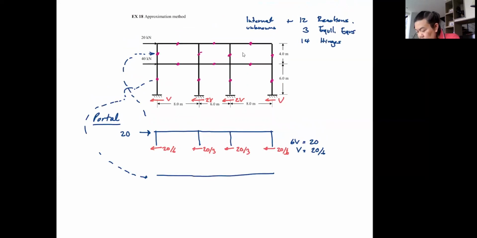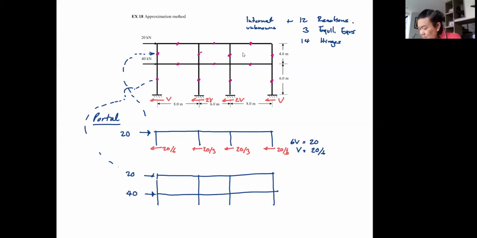It doesn't help solve the remaining unknowns if they use some strange approach. So pay good attention to this. Now the next free body diagram, meaning we have something like this. Here is 20. Here is 40.